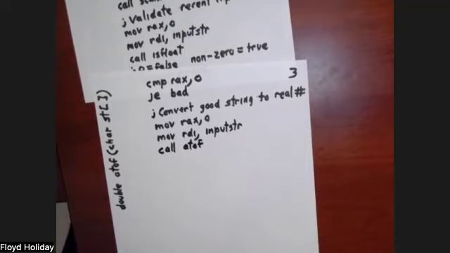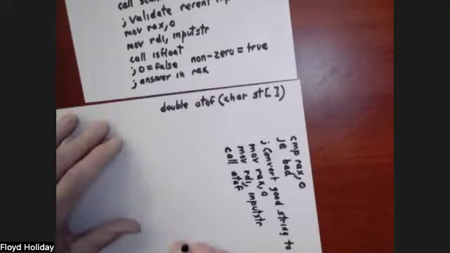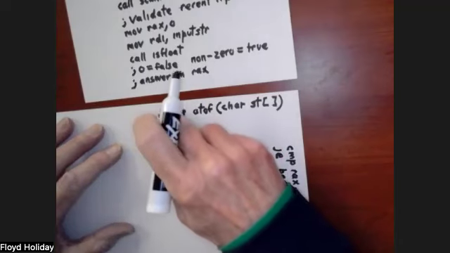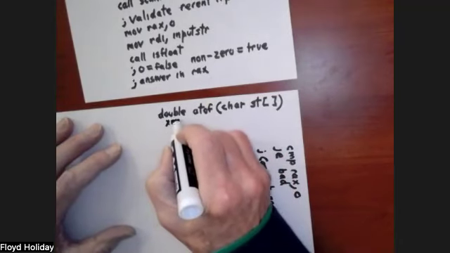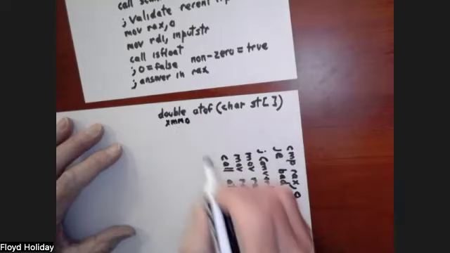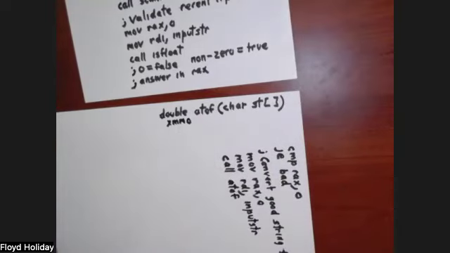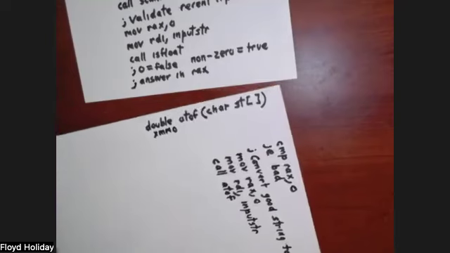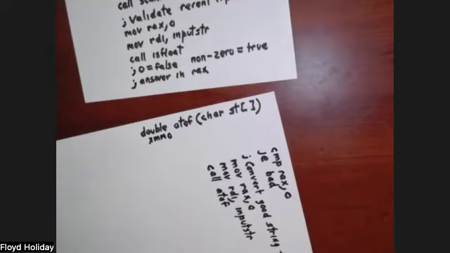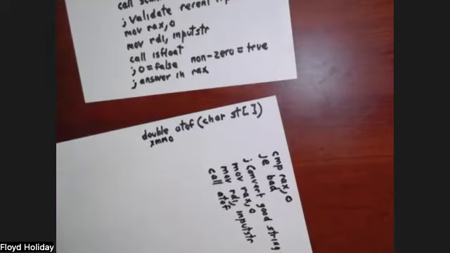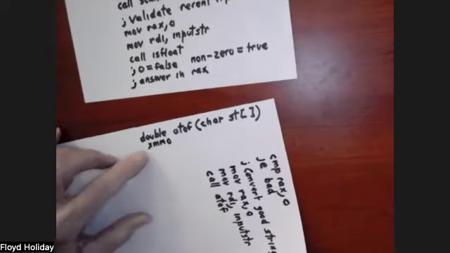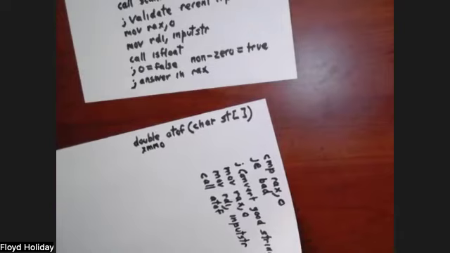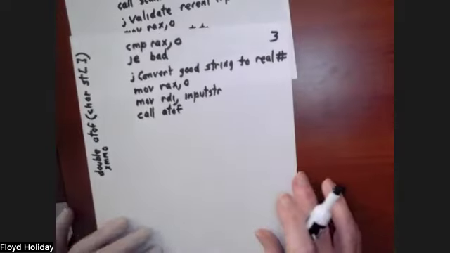Now, oh yeah, it's returning a 64-bit double. That's going to be returned in XMM0. There's only two registers that can return something from a function: RAX, if it's returning an integer class of value, XMM0 if it's returning a float type value.